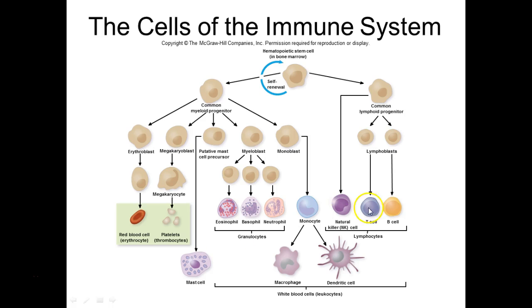Now our lymphocytes, under the microscope, you can't tell the difference, but there are 3 different lineages that we're going to go into more detail on when we get to the adaptive immune response. So for right now, we're really going to save their functionality till we get there. Who's the major player out of these granulocytes? All these guys that are filled with granules that have toxic substances. Neutrophils.